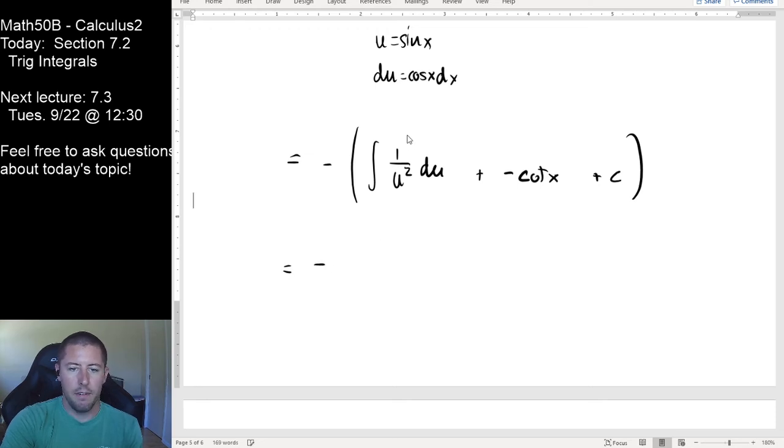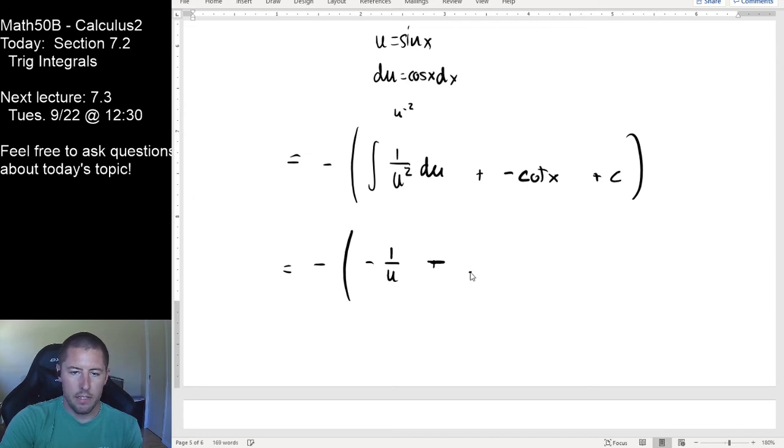So I'm getting negative. This is better for me to think of as u to the negative 2. That's always smarter as a power. Negative 2, I'm going to add 1 to the power to get negative 1. And that negative 1 is going to come down as 1 over negative 1 is the coefficient. So I'm thinking negative of negative 1 over u.